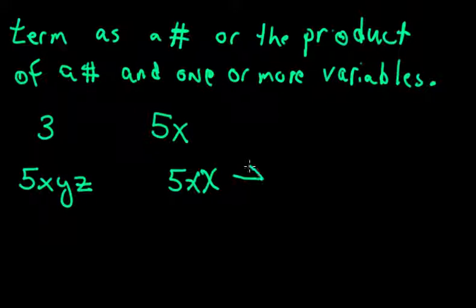That is actually written as 5x squared. So we have x times x in there. And so this is what we want to do with our terms, is we want to get them into a format that we can simplify. So 5x squared. There we go. And so this is what we're looking to do, is to get terms written like this.